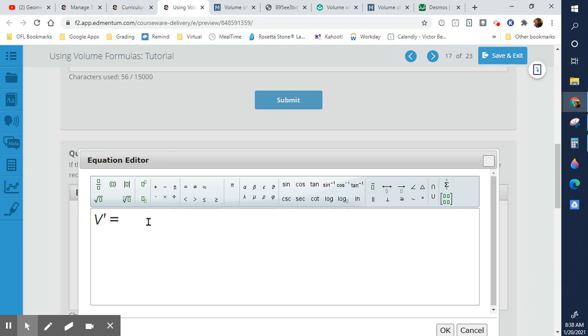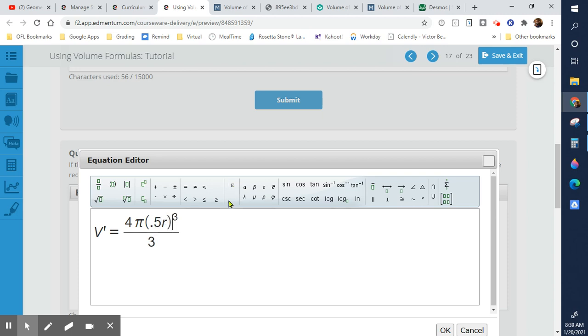So it's going to be 4/3. And you can keep everything on top here with the 4/3 pi r, and we're going to cube it. However, we want this a little different. So what we're going to do here is cut the radius in half, so 0.5.